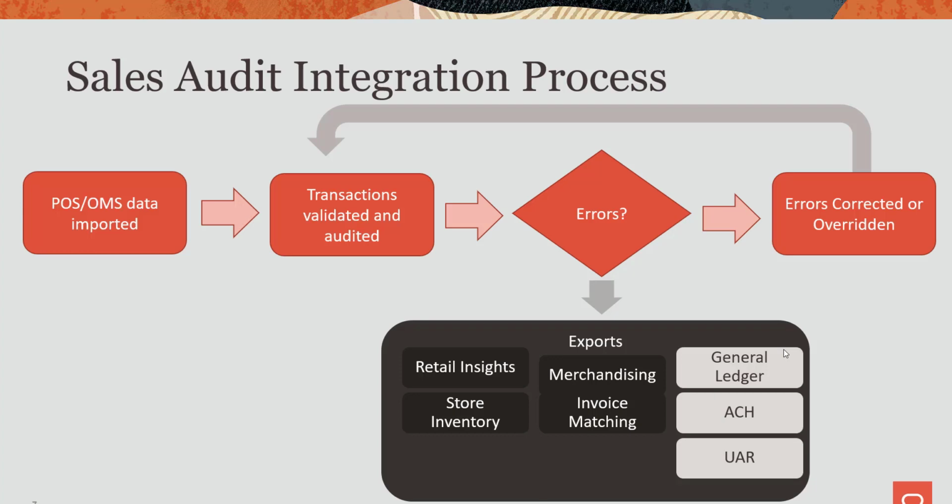Auditors need to resolve or override these errors, after which the audit process is rerun to validate the corrections. When no more errors are found, data within sales audit is ready to be exported to one or more external systems integrated with sales audit.